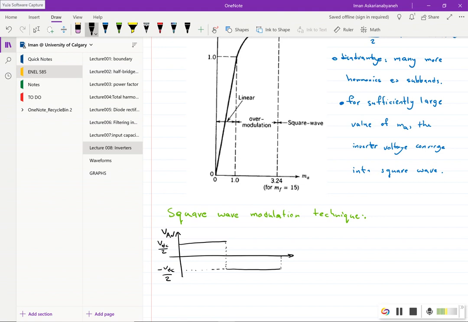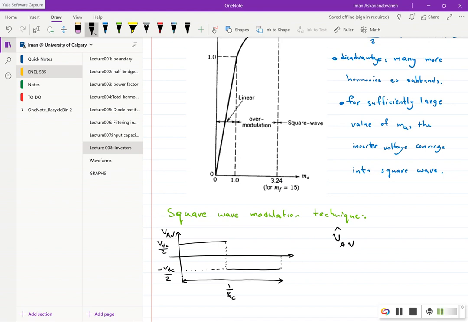What I mean by cycle is basically the carrier cycle, 1 over FC, not the switching. Well, here it's the same. So VAN is a square wave, right?